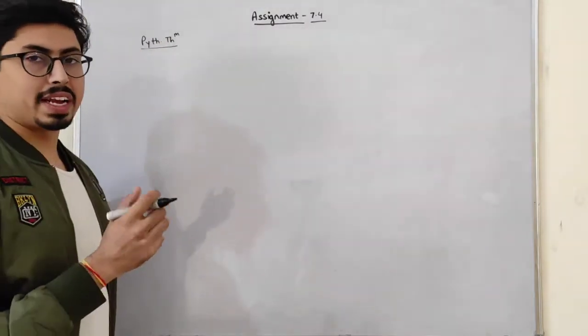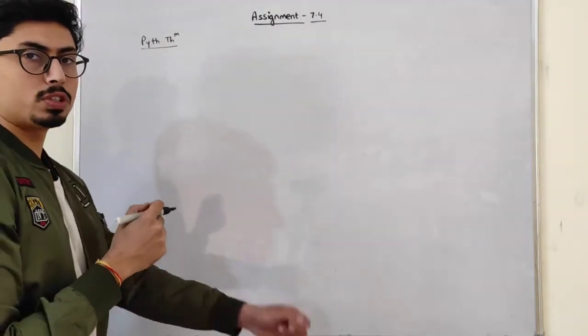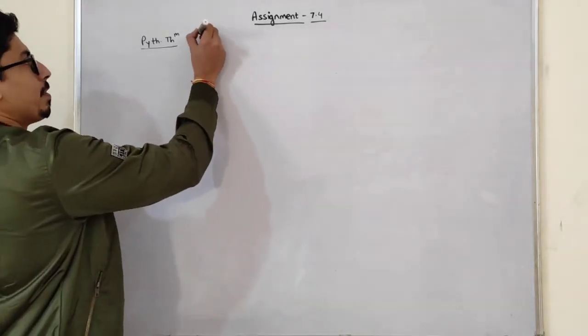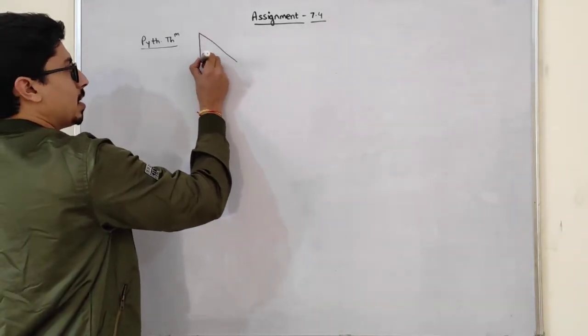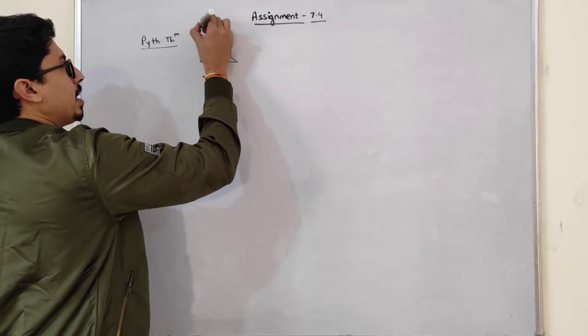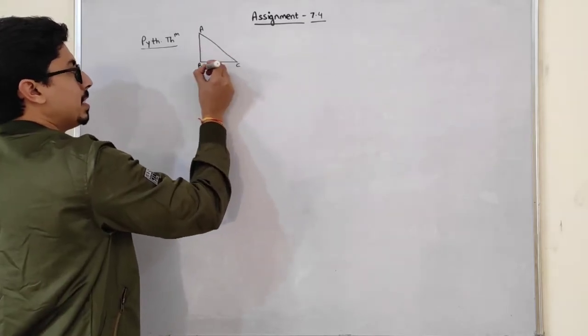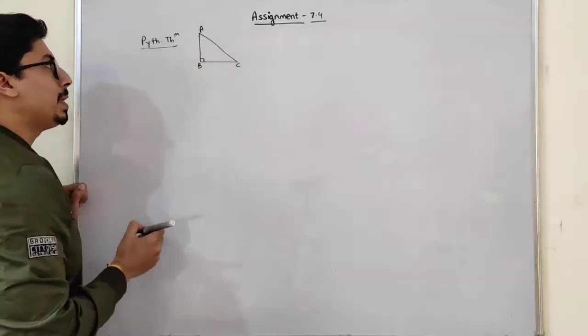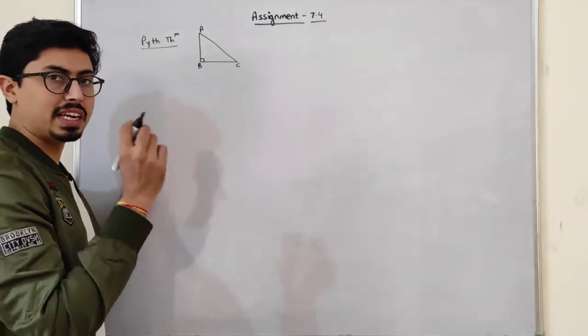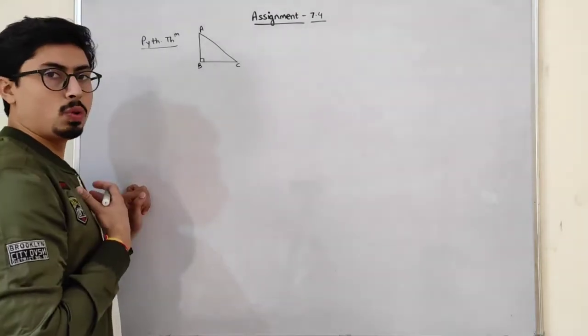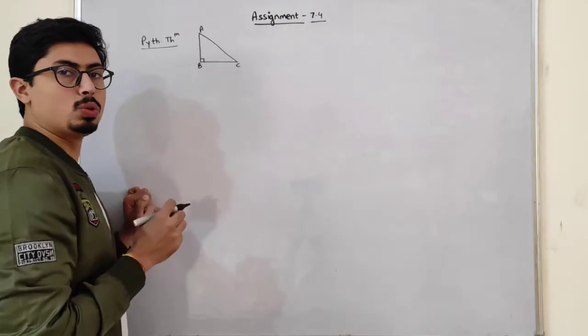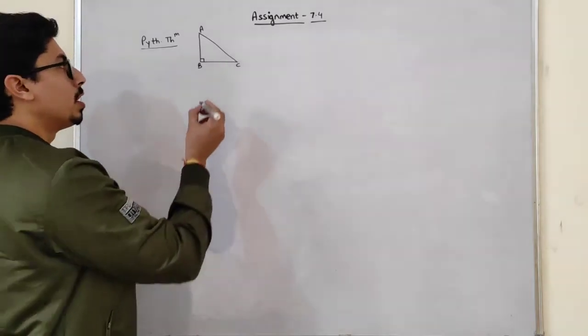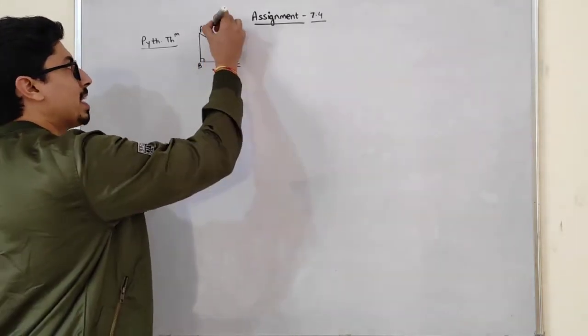Pythagoras is a scientist who gave this property for the right angle triangle. Let it be ABC and B is 90 degrees, that is the right angle. So students, we know the side opposite to the right angle is the hypotenuse.